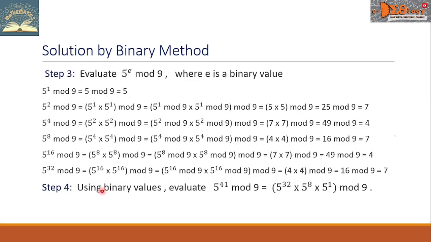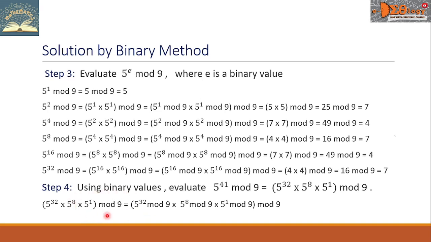For step 4, using binary values, we are now to evaluate 5 raised to 41 mod 9 is equal to the quantity 5 raised to 32 times 5 raised to 8 times 5 raised to 1, then mod 9. Let us copy this right side value down here and let us use the identity.